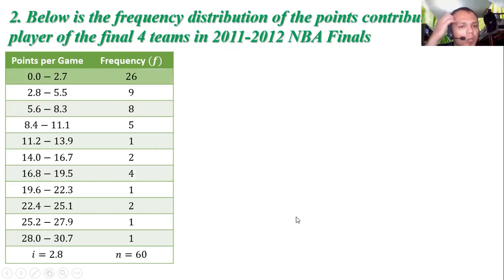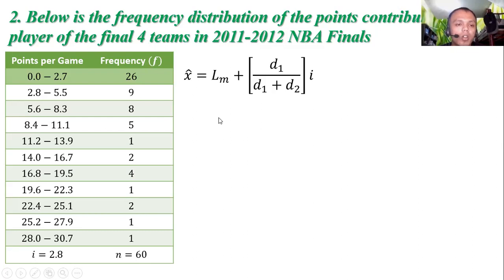Next, number 2. Below is the frequency distribution of the points contributed per player of the final 4 teams in the 2011-2012 NBA Finals. Again, the modal class is highlighted. It is in the first class. Now, what is the lower class boundary of this class?